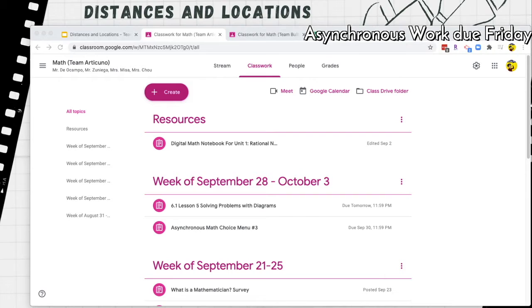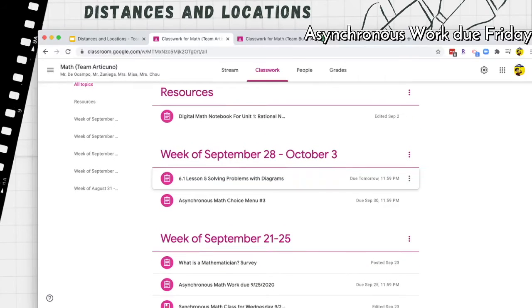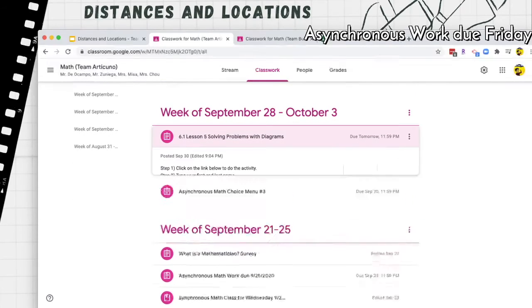For both Team Articuno and Team Bulbasaur, to find the work that is due this Friday, you would go into the September 28 to October 3 section, and it's right over here. 6.1 Lesson 5, Solving Problems with Diagrams. This is the assignment that's due Friday.